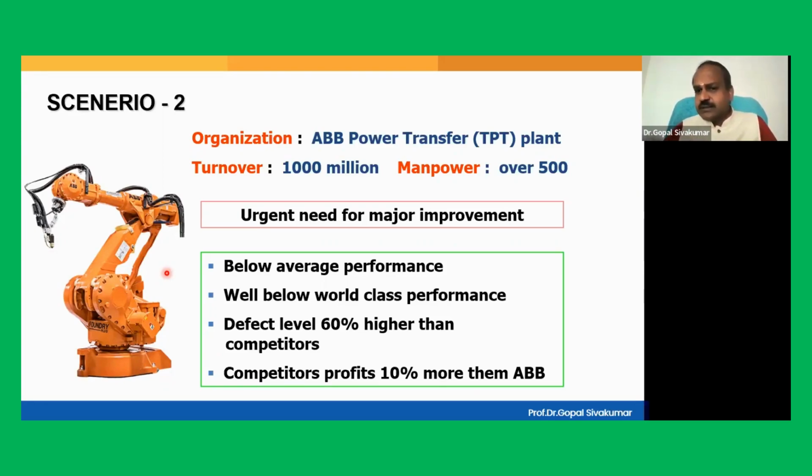Their rejections are not 60%, but it is 60% higher than the competitors. It can be less than 2%, it can be less than 1%. But your competitor has a better rejection rate than you, and your competitor is making more profit. Tell me, is your competitor making profit more than you? Is it a problem for your company?